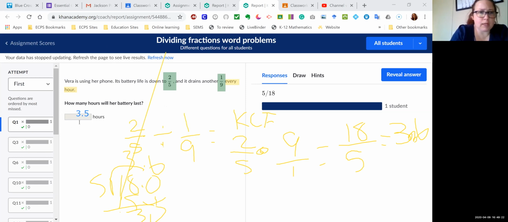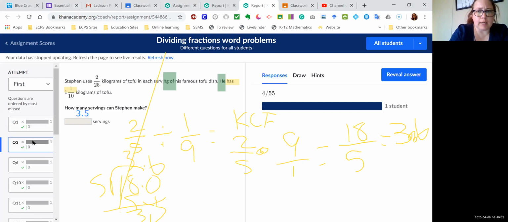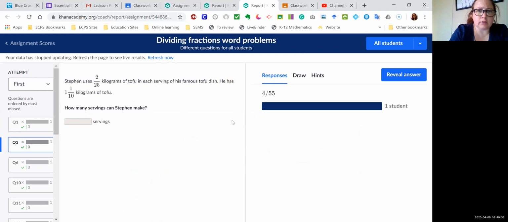All right. So looking at the next question that was missed, Stephen is using 2/25 kilograms of tofu in each serving of his famous tofu dish. So it's 2/25 tofu. He has 1 1/10 kilograms of tofu.